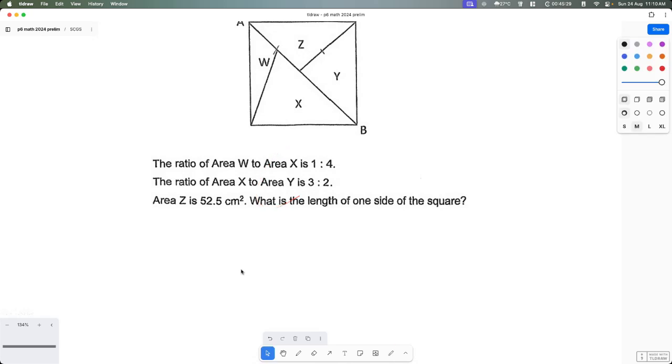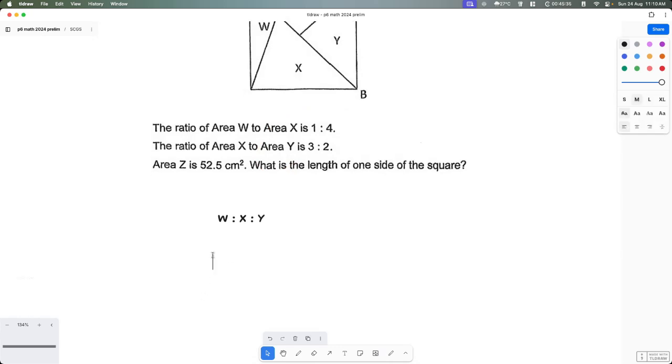Let's do this. So W is to X is to Y. We know W and X is 1 is to 4, and X is to Y is 3 is to 2. So we just need to find the lowest common multiple.